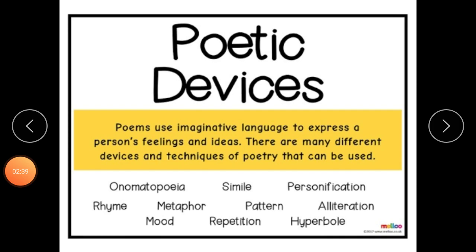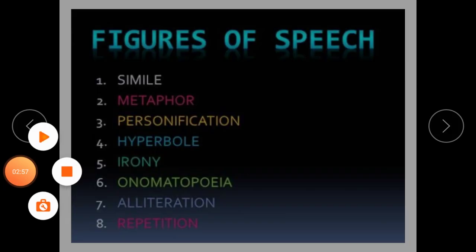Poetic device. Poetic devices are a form of literary device used in poetry. They are tools or instruments that a poet uses to create rhythm, enhance a poem's meaning, or intensify a mood or feeling.